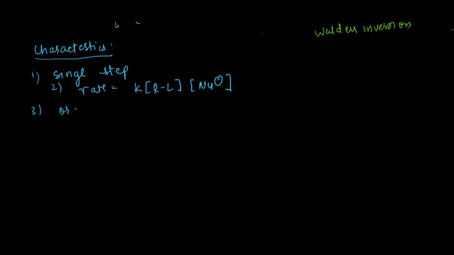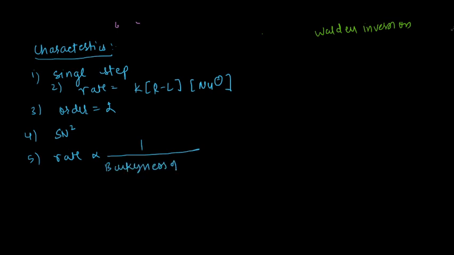Third, order of the reaction is 2. Fourth, it is an SN2 reaction. Fifth, rate is inversely proportional to the bulkiness of X, Y, Z. How bulky the groups are, the rate is inversely proportional to that. The more bulky the group, the lesser will be the rate of the SN2 reaction.